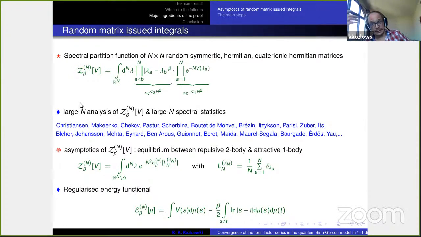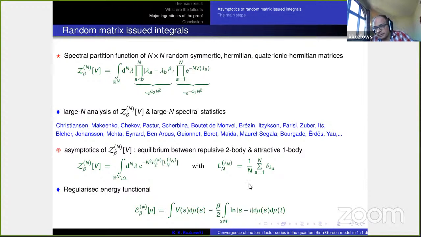Going beyond this kind of heuristics and really developing a rigorous way to understand it took an incredibly large amount of time, probably something like 40 years. There were many people involved. Maybe not go through the developments, but basically the idea is that you can write the integrand of this multiple integral as the exponent of minus n squared times a functional which is evaluated on what is called the empirical measure.